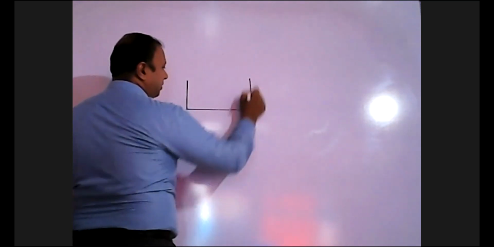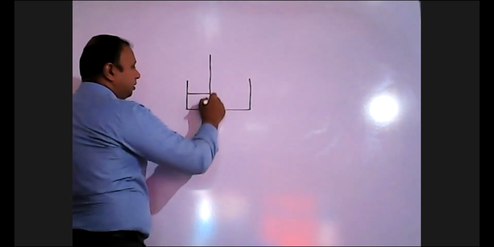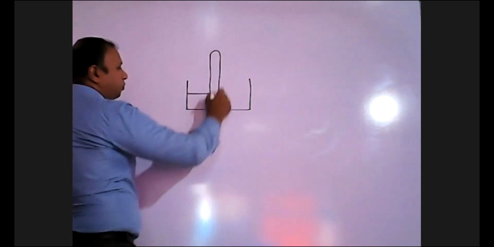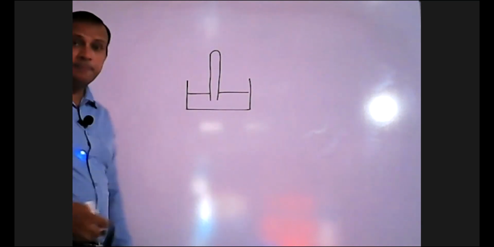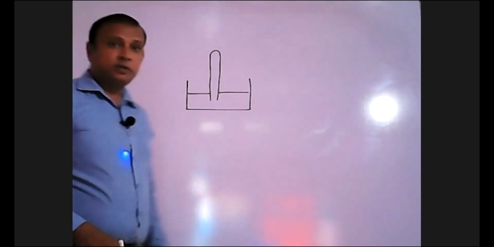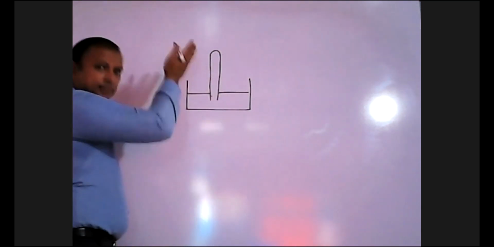It is something like this. Suppose there is a mercury plate here and there is a tube. Due to the atmospheric pressure, the mercury level in this tube will be raised.